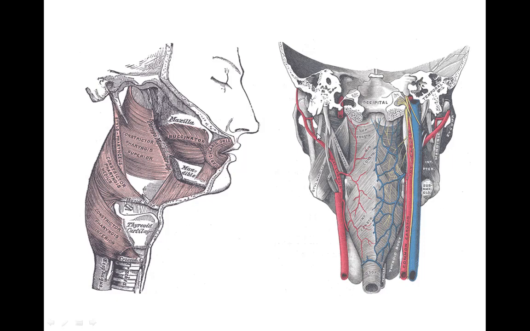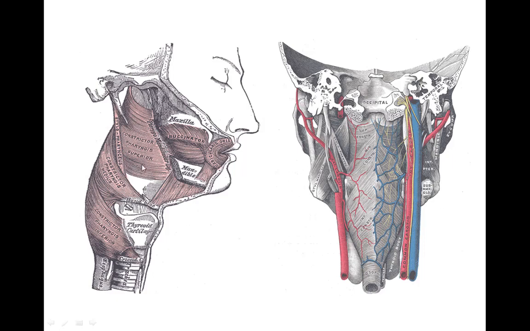So between these constrictor muscles, a very important thing we should know is that there are some structures passing between these muscles. So we have some structures passing between the superior constrictor and the middle constrictor. As you can see here, the first structure is the stylopharyngeus muscle.